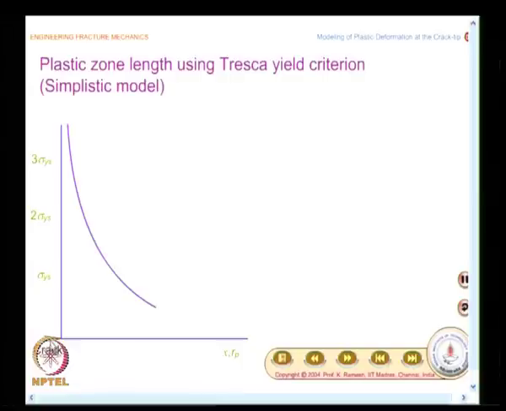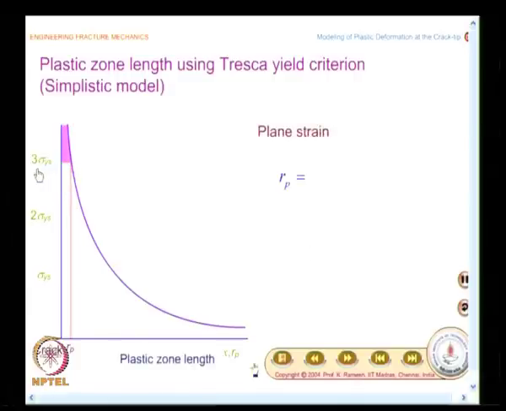Now, what is plotted is you have a crack and I have the values of stresses put here, sigma y, and if you go by your plane strain situation, when you use the yield criteria, what you find is the sigma y can take a very high value of 3 times sigma ys when you have Poisson ratio is 1 by 3.